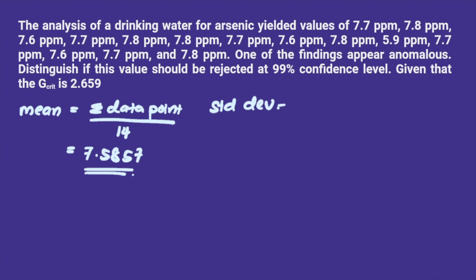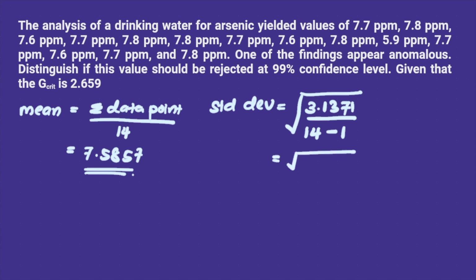The standard deviation is equivalent to the square root of the summation of the values just now, 3.1371, divided by the number of data points minus 1. So the square root of 0.2414. Therefore, your standard deviation is equivalent to 0.4912.